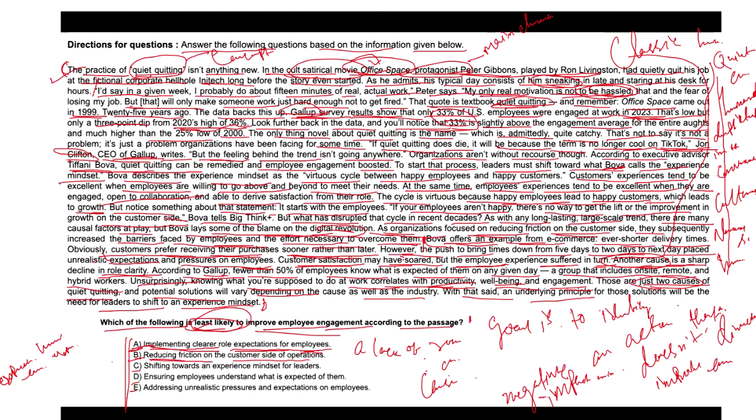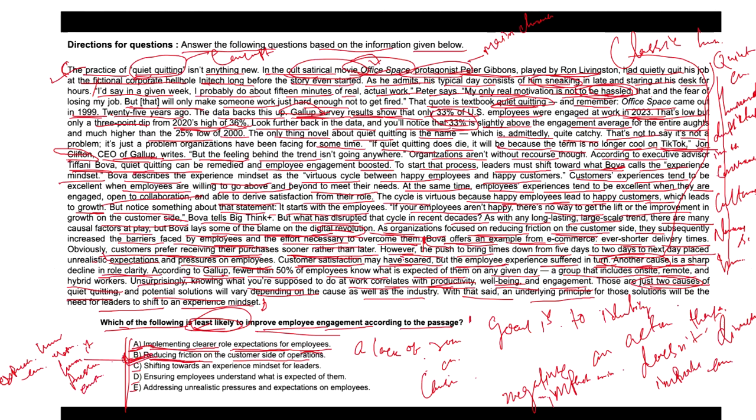So option B, the correct answer option, indicates that reducing friction on the customer side does not improve employee engagement. In fact, it can harm it by adding pressure on employees. Therefore, this option is least likely to improve employee engagement, isn't it? So option B proves the correct one here.